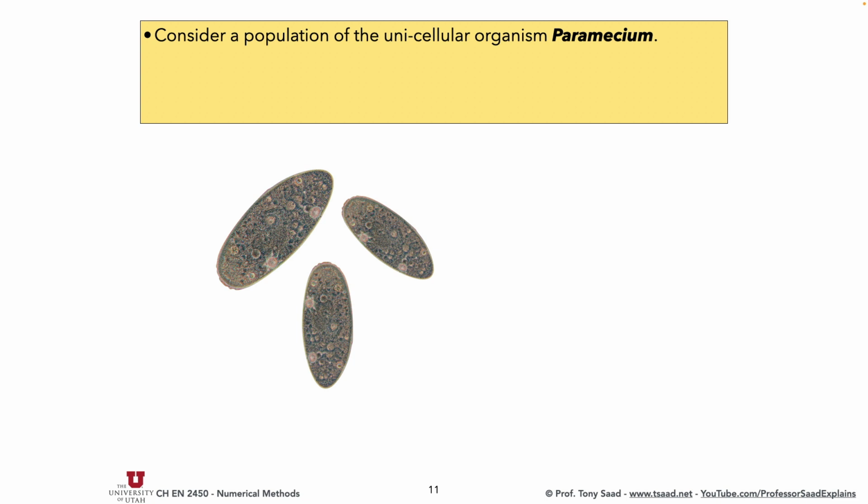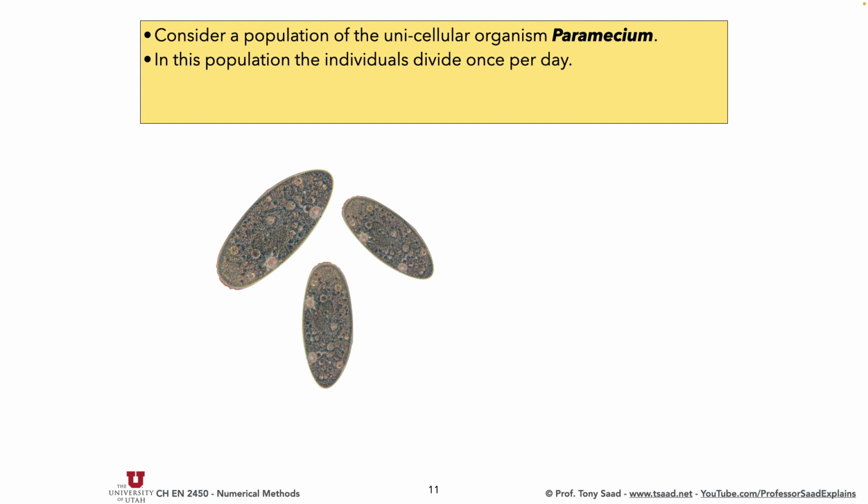I passed it by my mother, who is illiterate, and she was able to understand how to do the numbers around it. So consider a population of a unicellular organism called the paramecium. In this population, the individuals divide once per day. They just split. One paramecium, and many are paramecia.